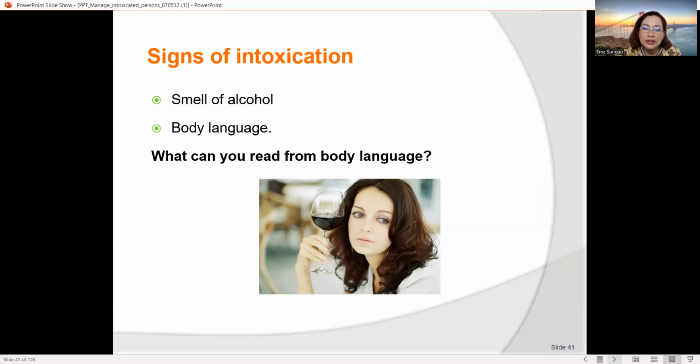Signs of intoxication: smell of alcohol, you can smell them. Body language: what can you read from body language? If the person is intoxicated, you can write it down in the comment section.